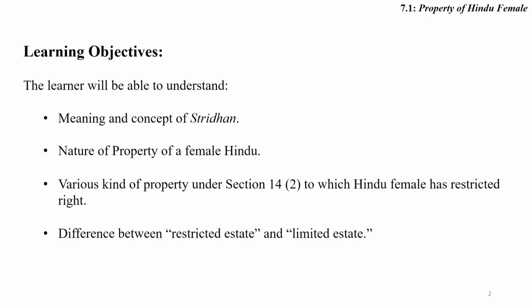The first one is the meaning and concept of Stridhan, the nature of property of Hindu female, various kinds of property under section 14 sub-clause 2 to which a Hindu female has restricted right, and the difference between restricted estate and limited estate. These are the learning objectives of today's lecture, and the student will be able to comprehend every dimension related with Hindu woman's property.